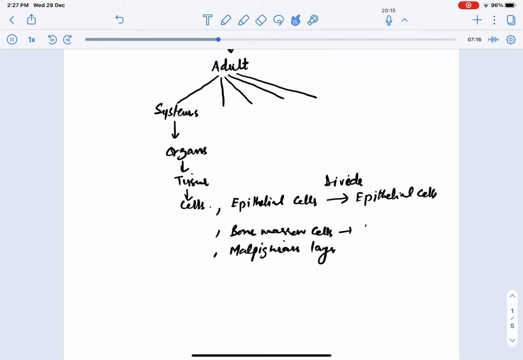They make blood cells and make skin cells in wound healing.